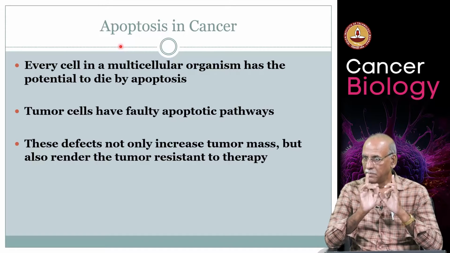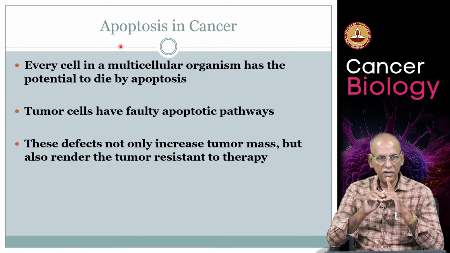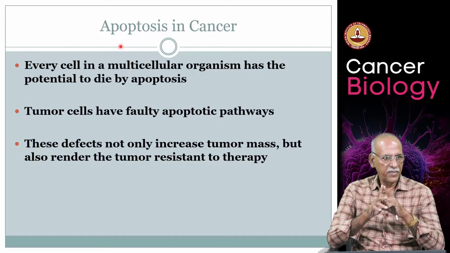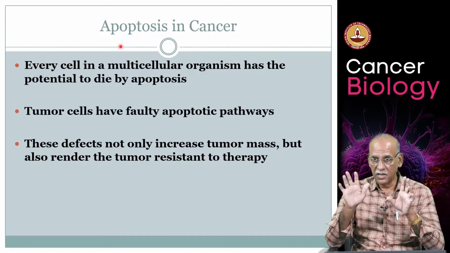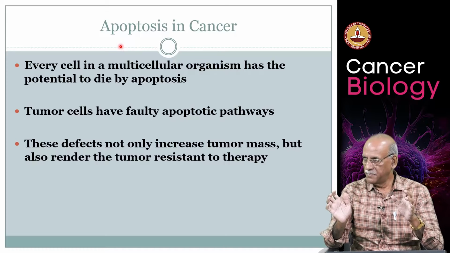That is, many anti-cancer agents act through apoptosis. So, if you can devise a method by which these anti-cancer agents can induce apoptosis in cancer cells, but not normal cells, that will be a very good therapeutic strategy.